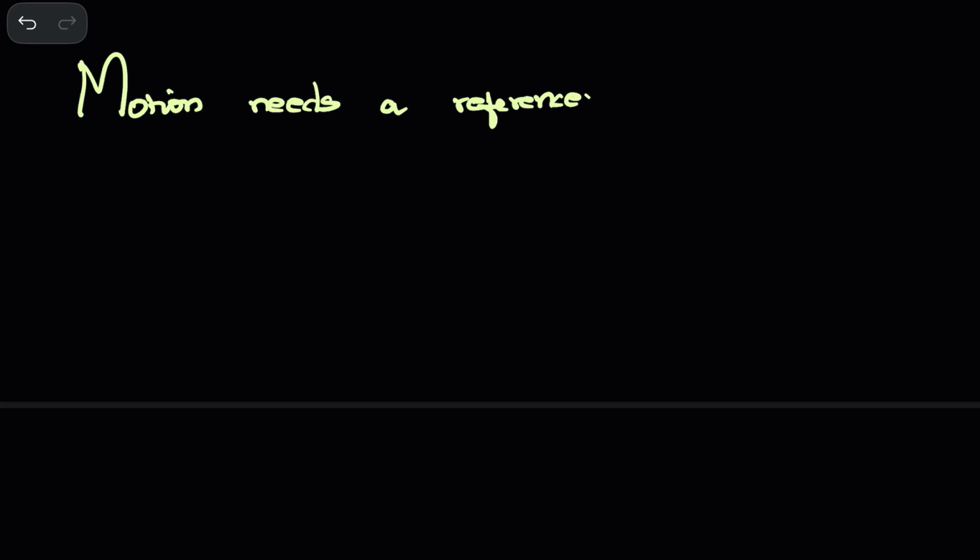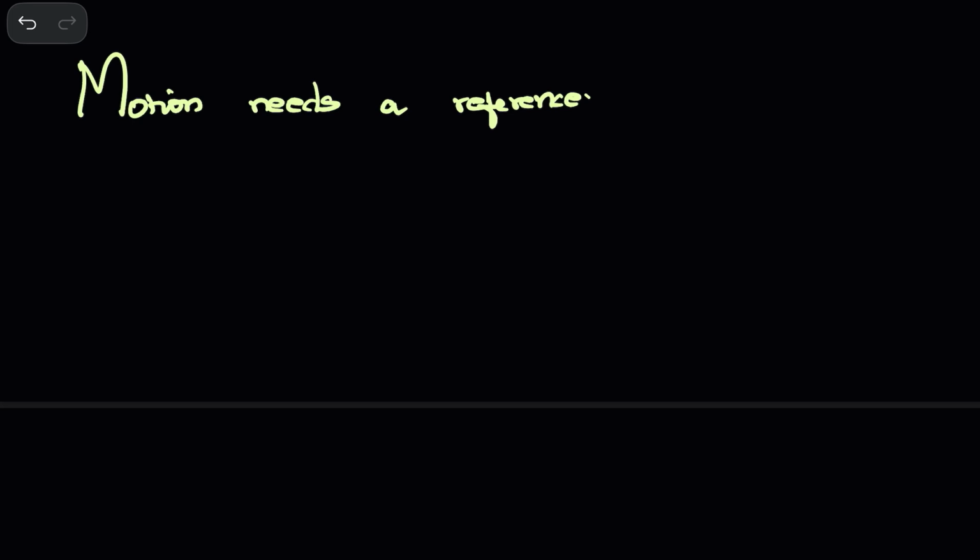Okay, next, let's talk about references. Okay, now, motion is never described in complete emptiness. To say that an object moves, we must have some way of measuring it, right? So you cannot simply describe it without a reference point. Let me explain this.